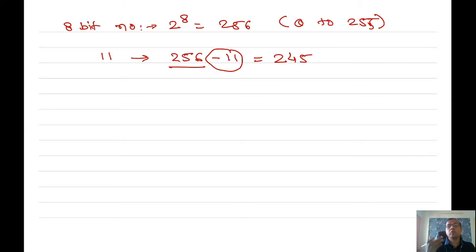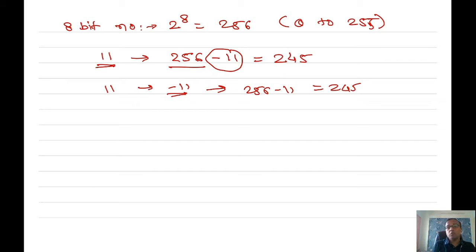If the number is 11 and you are looking for -11, what will be the corresponding new number? You can quickly calculate it: 256 minus 11 comes out to be 245. So instead of going on a bitwise pattern and doing the calculation, this quick trick might help you for solving some aptitude kind of questions, right?